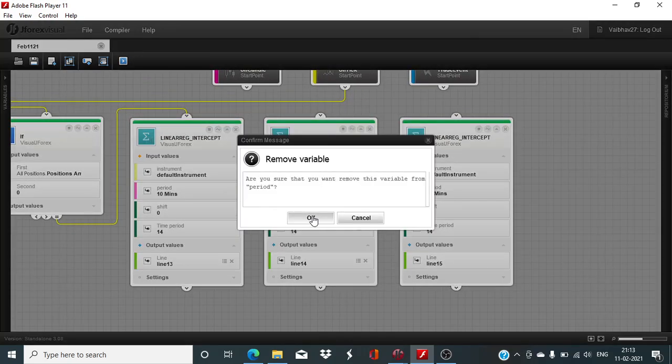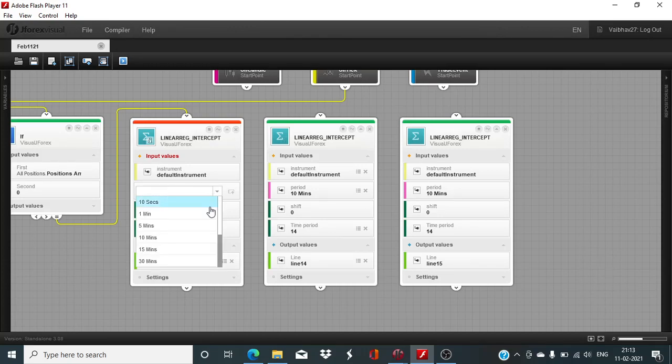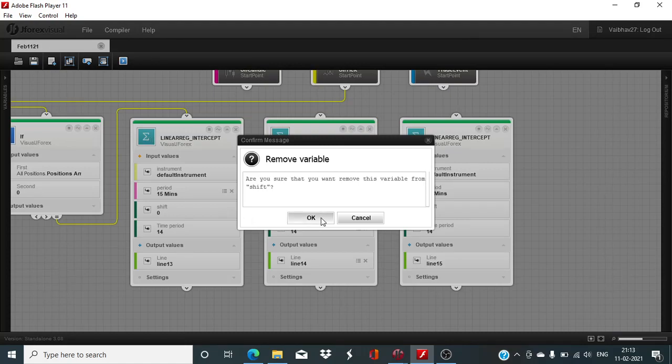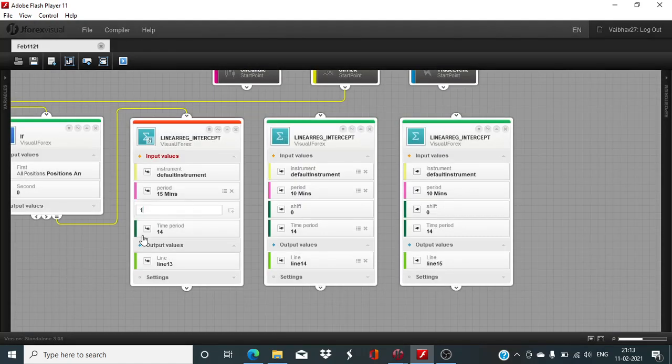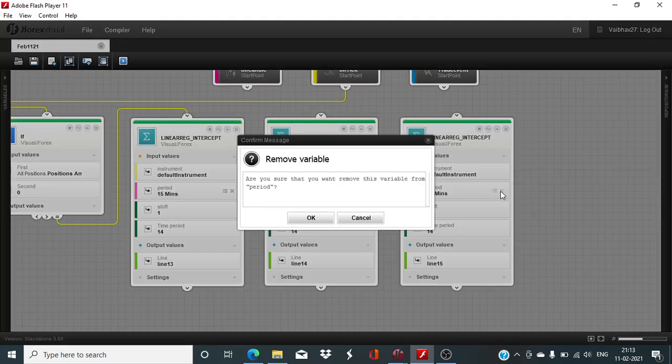This should be changed to 15 minutes. Shift value of 1. This also needs to be changed to 15 minutes. Shift 2, again here 15 minutes.